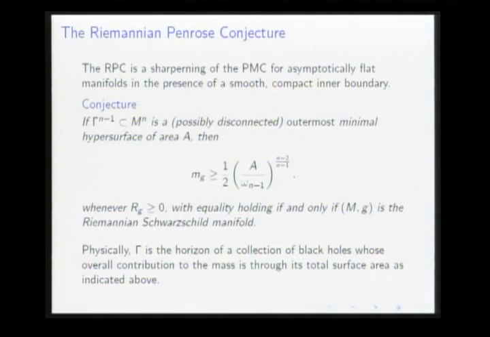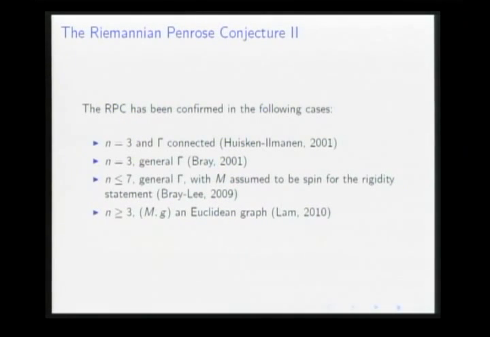So what does the outermost minimal surface mean physically? It means like a black hole. This conjecture was confirmed for dimension 3 when the boundary is connected by Huisken and Ilmanen.